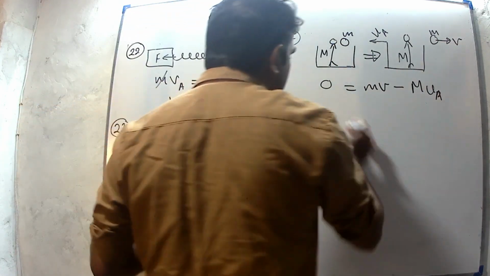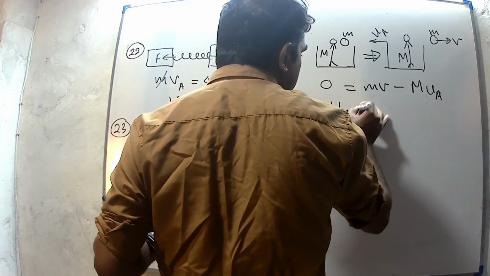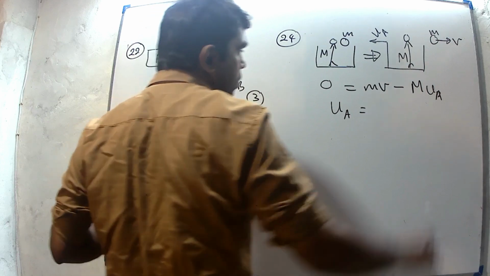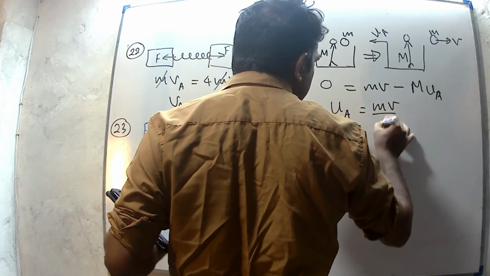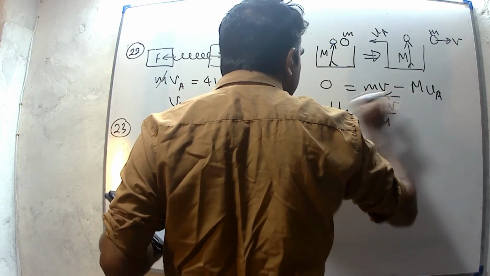Then UA equals mv divided by capital M, in this direction.